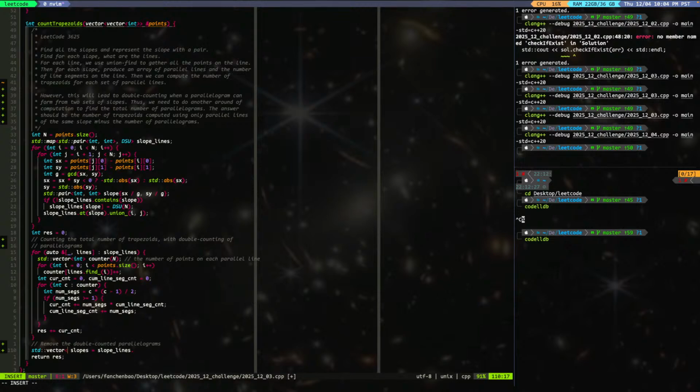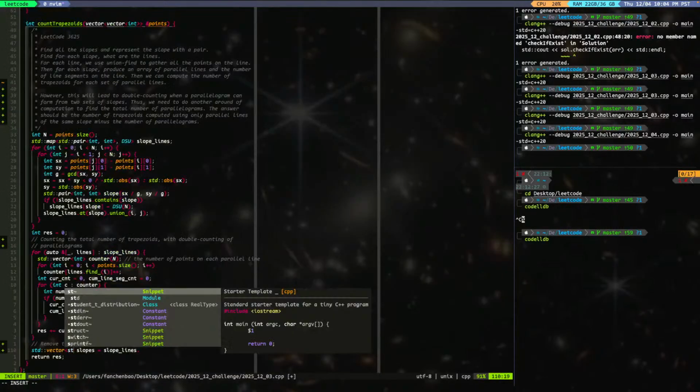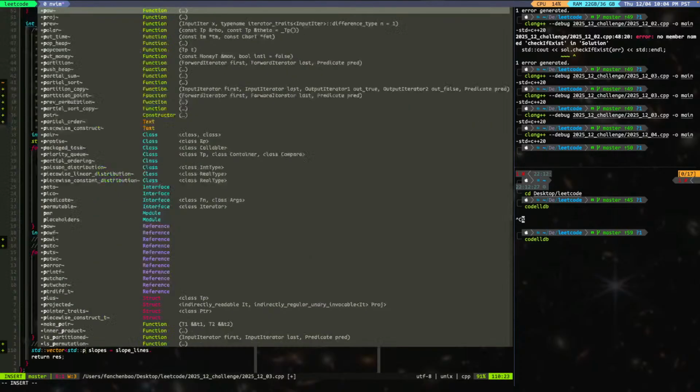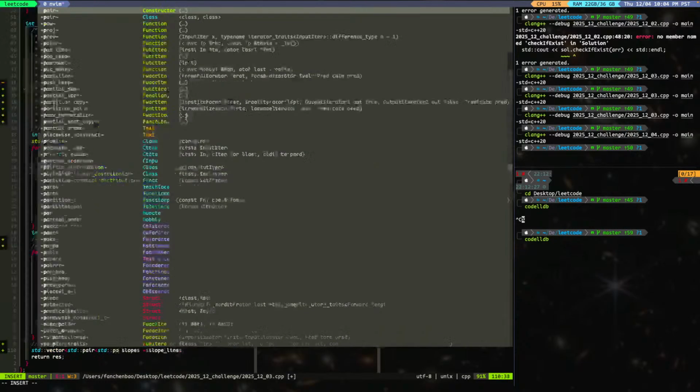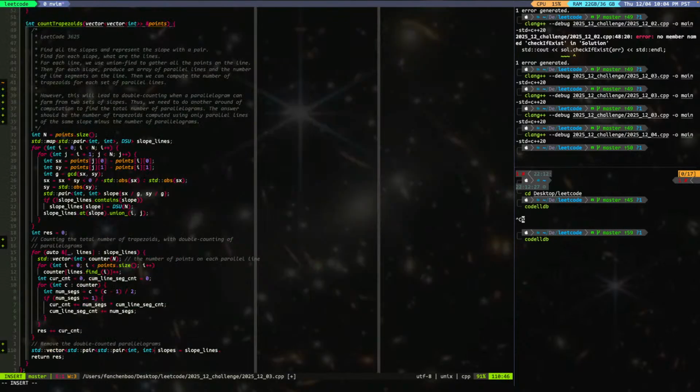We need to do this. We need to transform this into, oh my goodness. So it's gonna be a pair of a pair. No, that's not what we want. We just want to count, right? So line count per slope.